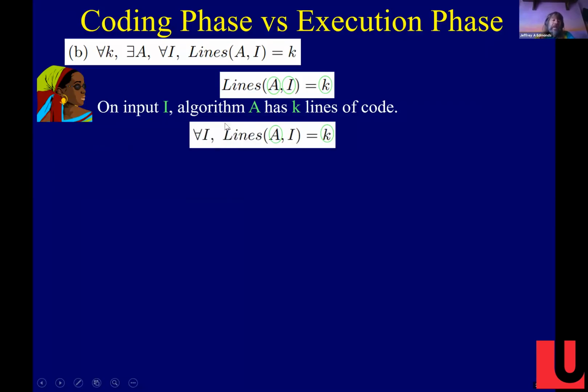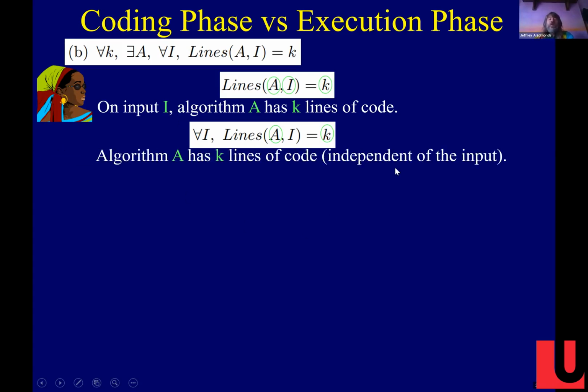And then we bring in the next quantifier, and now the free variables are just the algorithm and the K. We don't really need to talk about the input anymore. We only talk about the input as a side issue. Here we say algorithm A has K lines of code. And what is it saying? It's saying that's independent of the input, right?